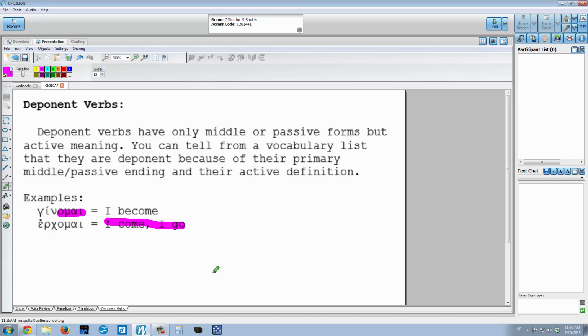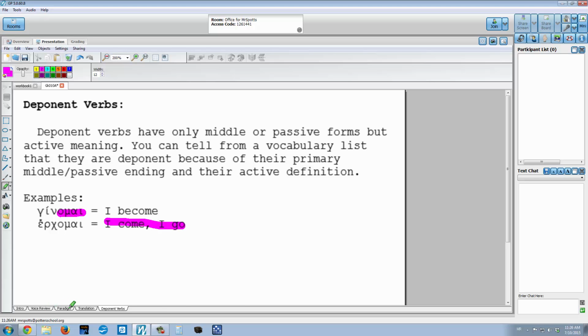Look at those examples. Ginomai, I become. That even has a little bit of reflexive idea to it. Some of them do, some of them don't. And erchomai, I come or I go. Again, they're going to have only middle or passive forms, but they'll have active meaning.